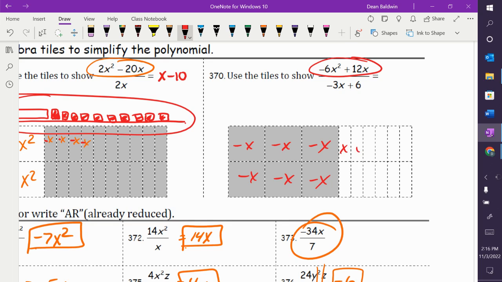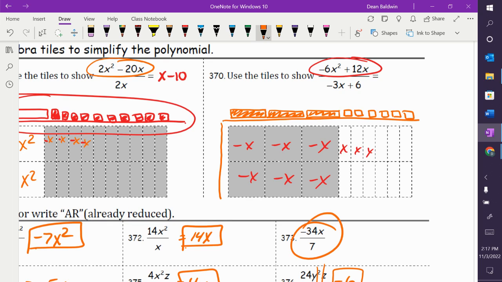Okay? They want to know. And we're dividing by negative 3x plus 6. So negative 3x is 3 rectangles. And the plus 6 is the little squares. Not shaded.